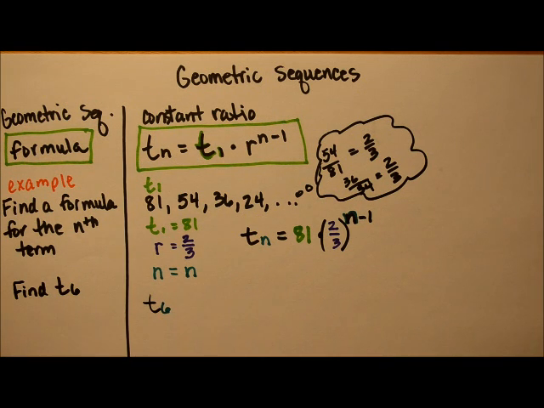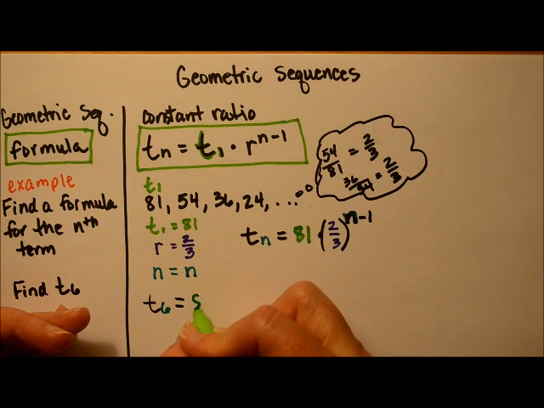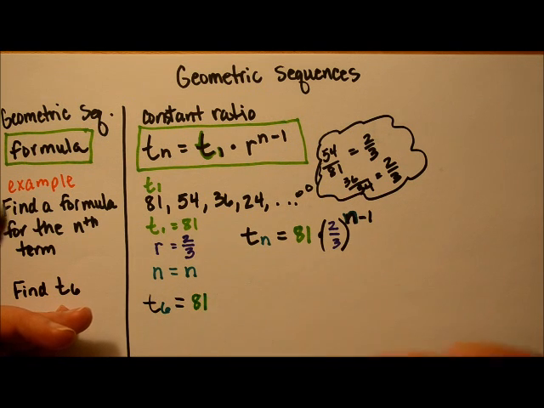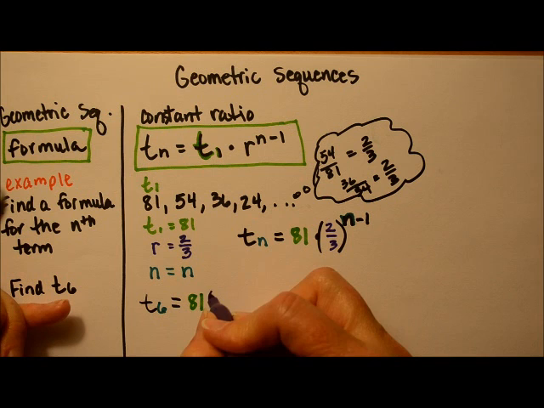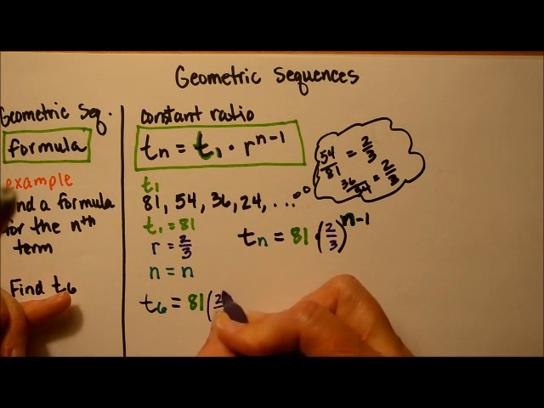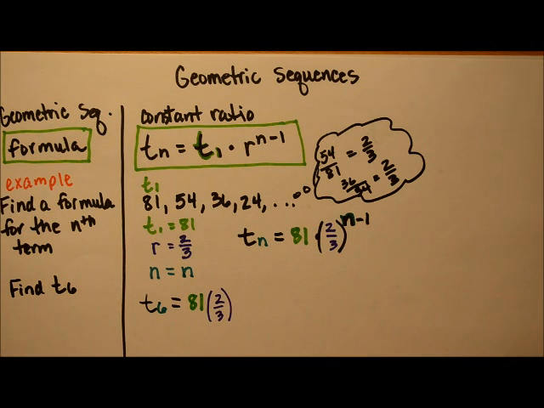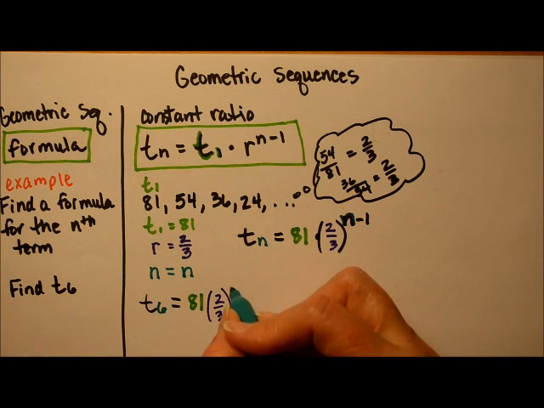T6 equals 81. A lot of times on these you're going to need your calculator, but I'm going to show you how to mathematically get through this one without a calculator. Alright, here we go, 81 times 2/3 to the 6 minus 1.